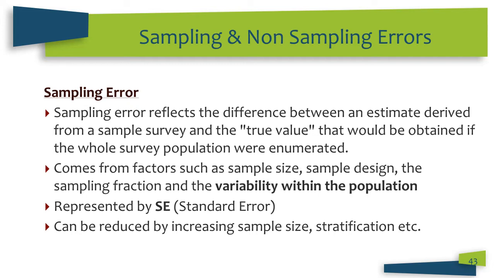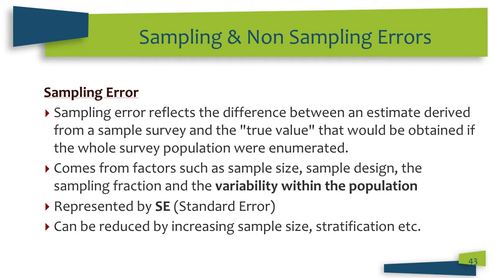Think of it as there's this value which would be the true value, which you don't know, but there is some true value, and there's this value that you are going to estimate, which will be based on the sample. So the difference between these two is called sampling error.